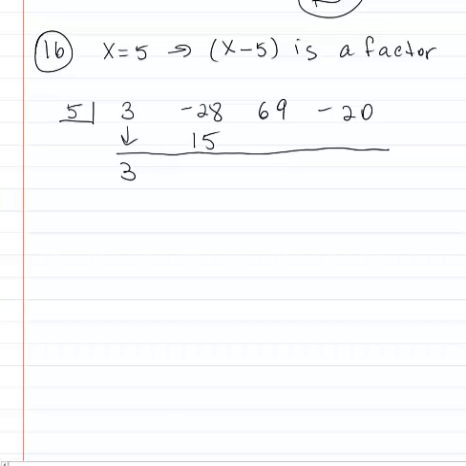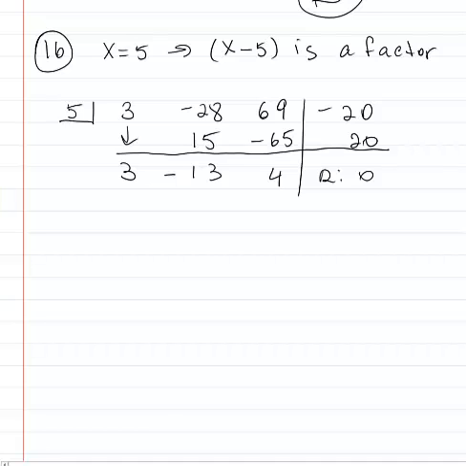Minus 28 plus 15 will give you minus 13. Now minus 13 multiplied by 5 gives us minus 65. That gives us 4, and 4 times 5 is 20. Good. We knew that it's going to be 0 because 5 is the zero.